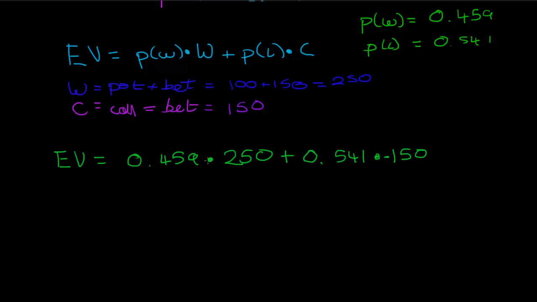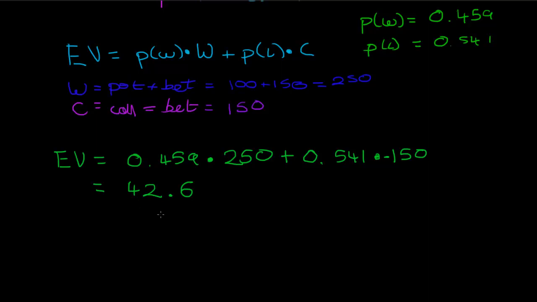So I'm just going to punch that into my calculator, and we'll see what it comes out as. So 0.459 times 250 plus 0.541 times minus 150 equals 42.6.